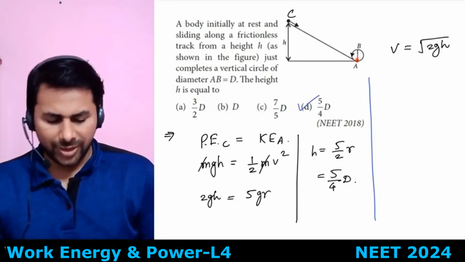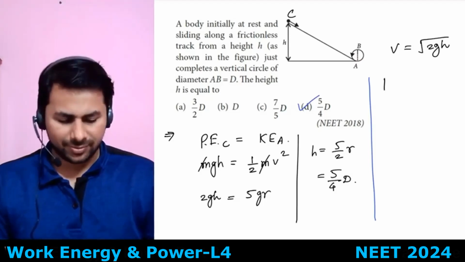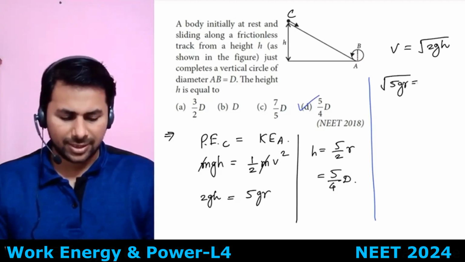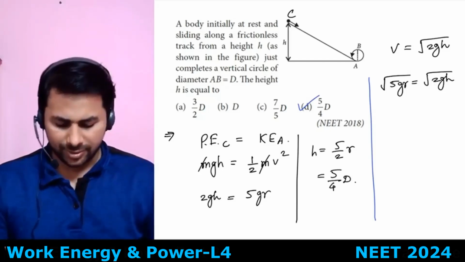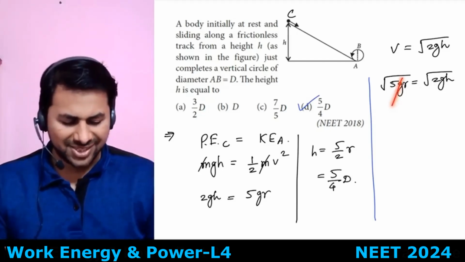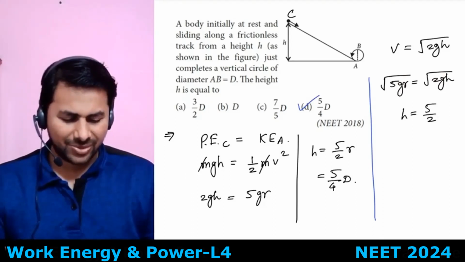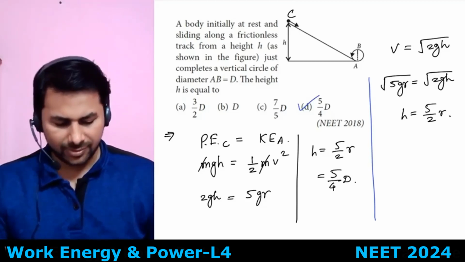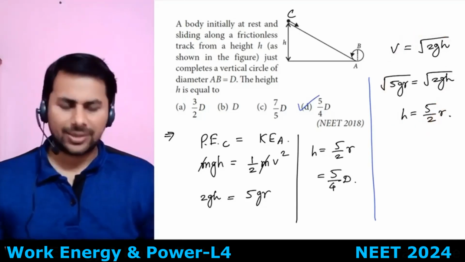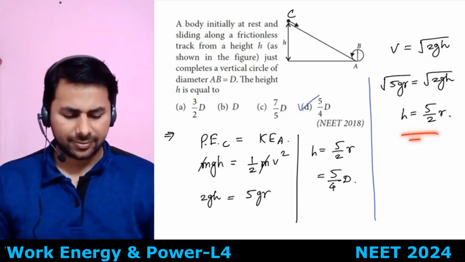And how much velocity do you want at this point? Square root of 5 gr. So root of 5 gr is root of 2gh. Root cancelled, g cancelled. So you have h equals 5 by 2 r.